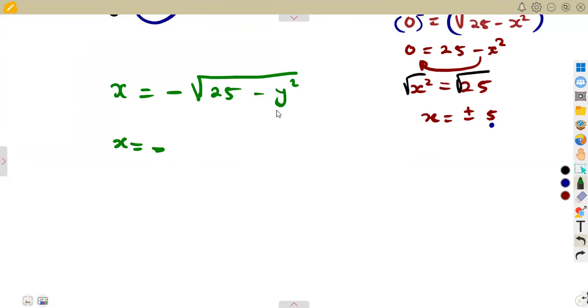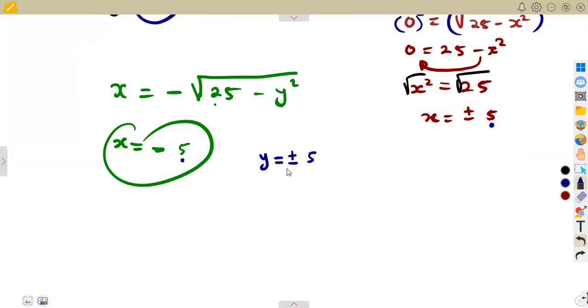You substitute the y value to be 0. In this case, this will be the square root of what? The square root of 25, which is 5. But x is equal to minus 5. In the same sense, by just knowing this, I do not need to go through this. When I am to determine y, I have to know that it is going to carry the same 5, but only that it is plus or minus. y is not limited.